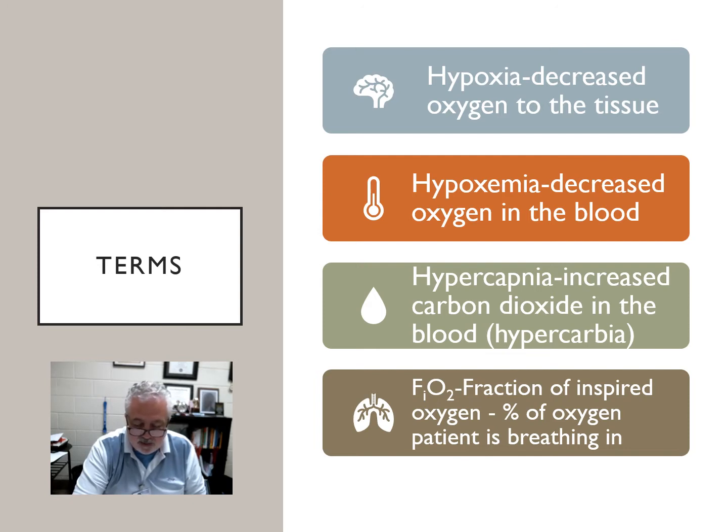We know that hypercapnia is caused by hypoventilation, and hypocapnia is caused by hyperventilation. And that's all measured by the patient's PaCO2. So relate PaCO2 to ventilation, and then we're going to relate PaO2 and saturation SpO2 to oxygenation.